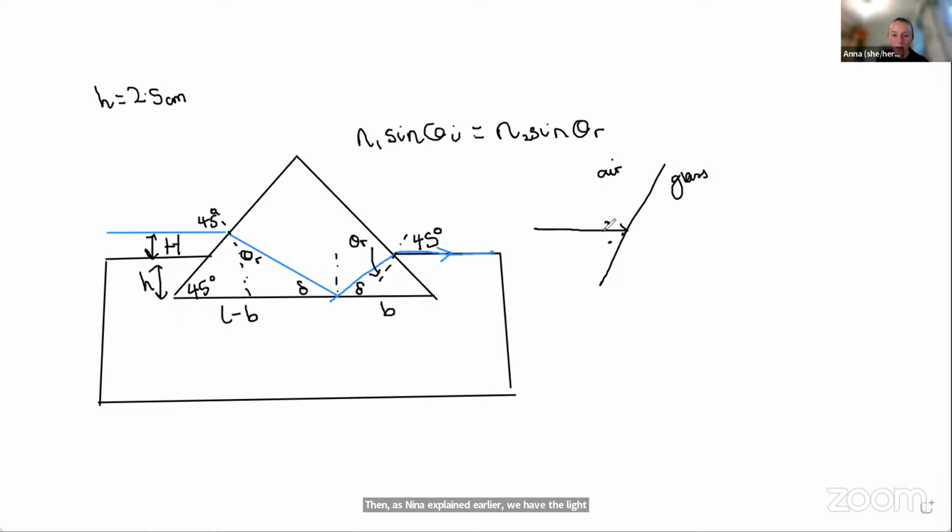So we've got these two wheels here, and the wheel entering the glass suddenly starts traveling slower, but this wheel's still traveling faster. So it turns the ray. I think Nina probably explained it better, but that means that it turns down, because if we draw this normal, it would emerge here if it carried on in a straight line, but it's been turned this way, so it refracts towards the normal.